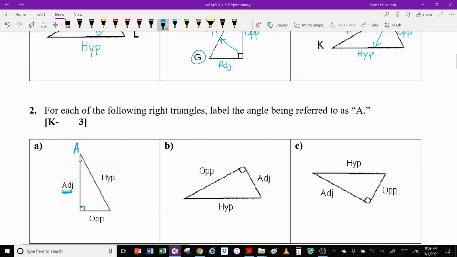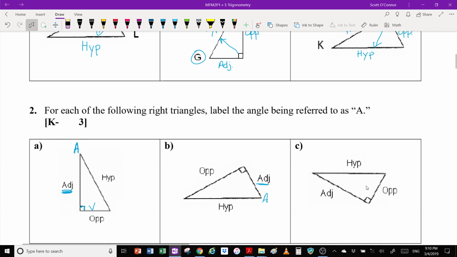And that also makes sense for the opposite, if you see, because the side is opposite, it's the side that's furthest away, and the adjacent here is next to it. So that's angle A. So I do the same thing over here. I'm looking at this and I say which angle is next to the adjacent. Can't be the 90-degree angle, has to be this one, so that must be angle A. Again, I'm looking over here.